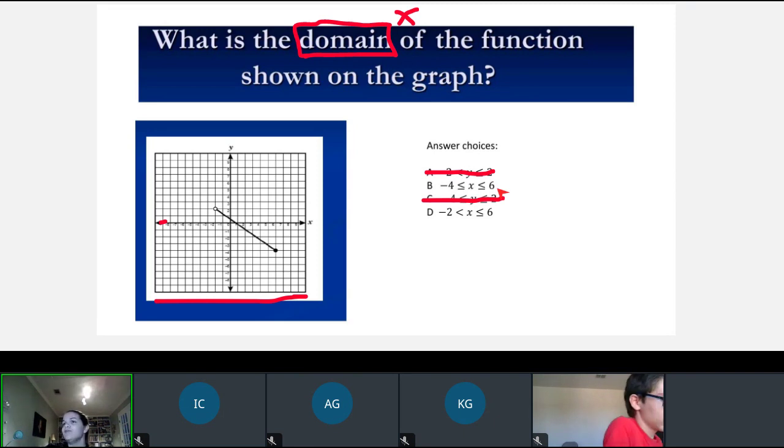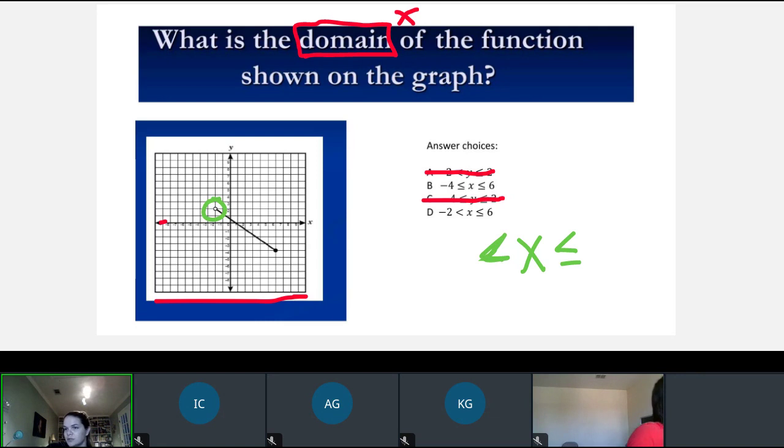But if we just wanted to solve this on our own and then find our answer, domain we know is X values. So let's put our X in the middle. On the far left, I have an open circle, so I'm just going to put my less than sign.